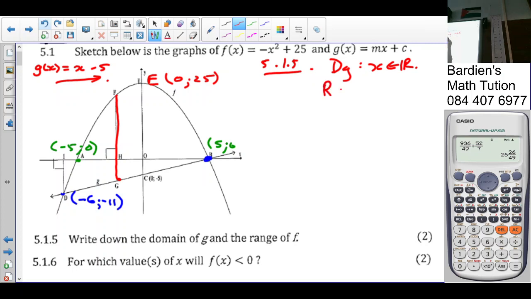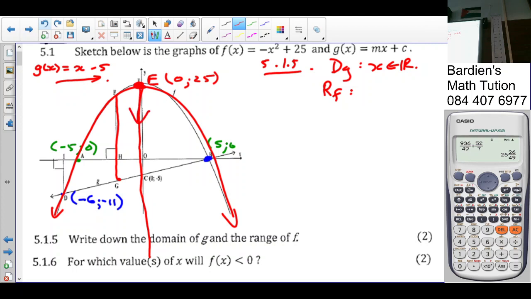Let's look at the range of f. What is range? All possible y values. Does f exist at negative infinity? Yes, as the arrows indicate it does. So we bring the graph up. When does it stop existing? At 25. So in other words, y must be less than or equal to 25.